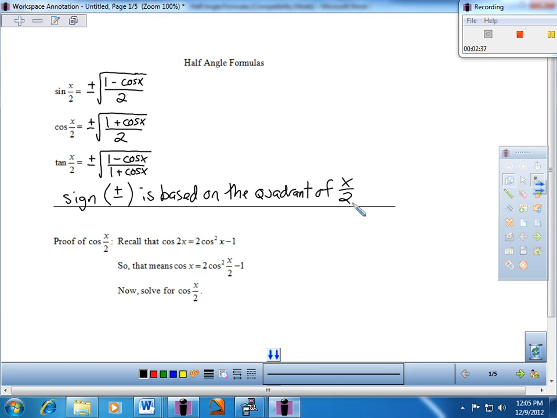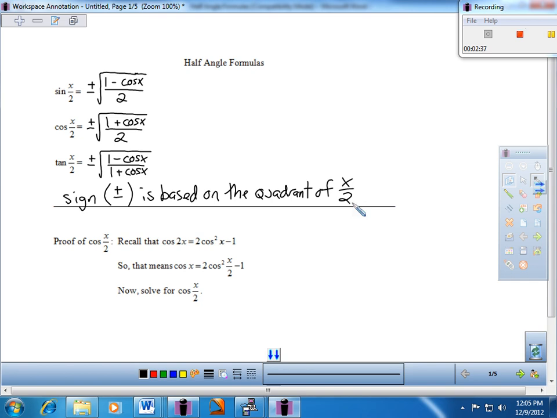If you remember the way we did this, everybody, you would find the ratios first, and then at the end I would ask you, hey, by the way, what would be the quadrant of our new angle? Now in this case you have to reverse it. You're going to need to know the quadrant of our new angle before getting the ratios. That is the main difference between the halves and the others. So we're going to need to figure out the quadrant first, then go from there.